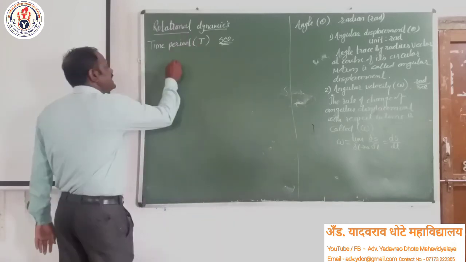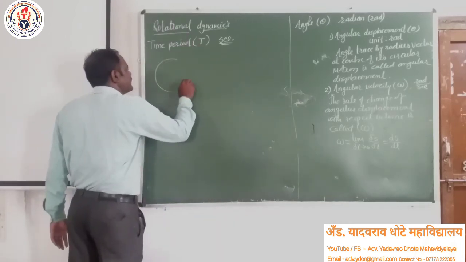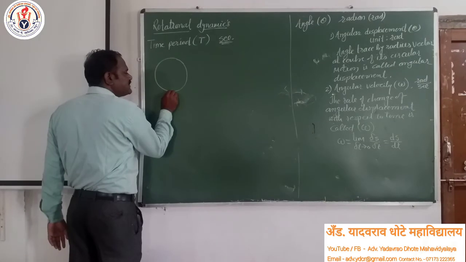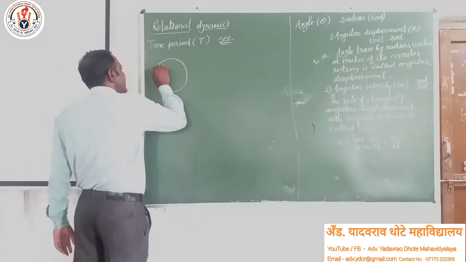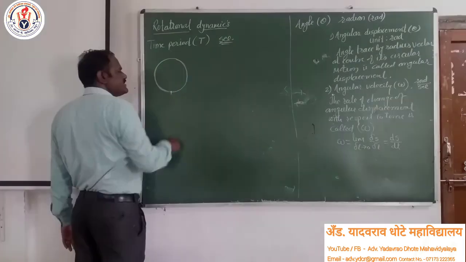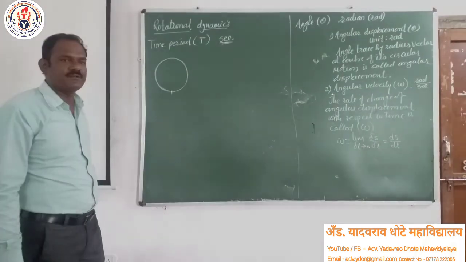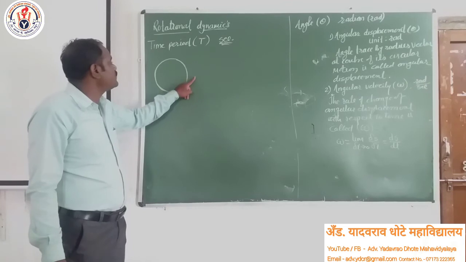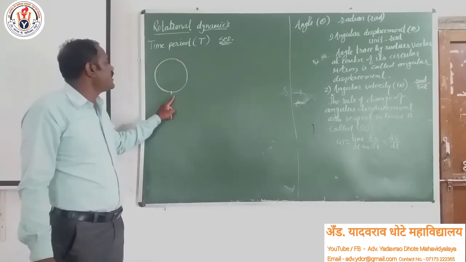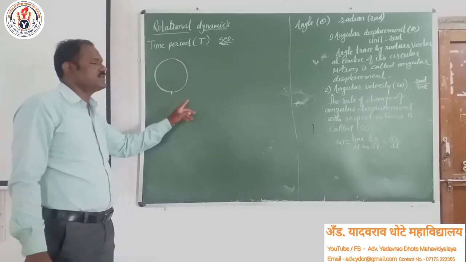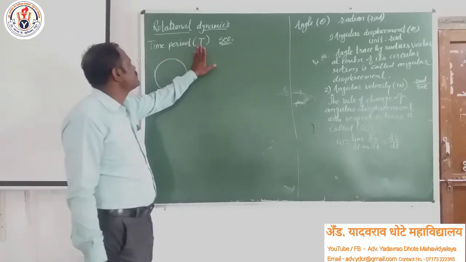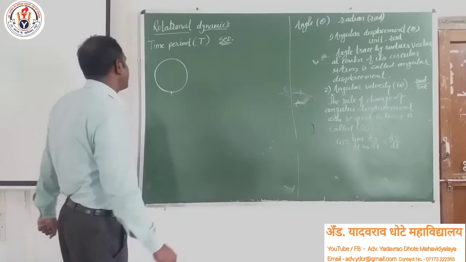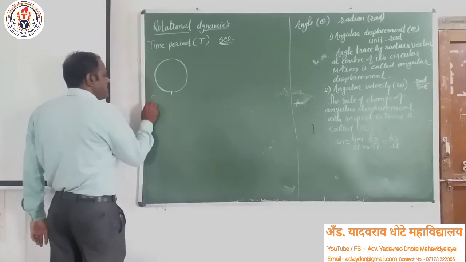Actually, as a particle describes its circular motion, if it starts from this position and rotates anti-clockwise and reaches the same point, it performs one circular motion, and the time required to complete one revolution or one circular motion is called the time period. Again it is denoted by T. Again, what is about the frequency?